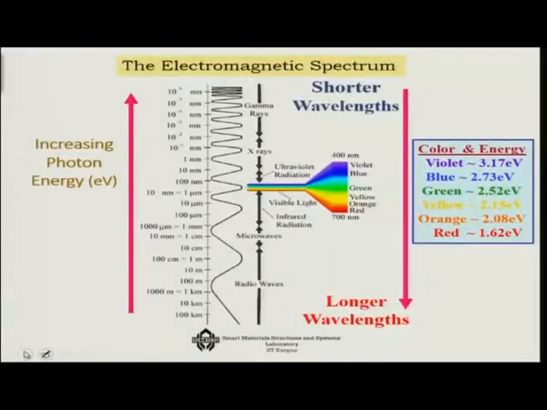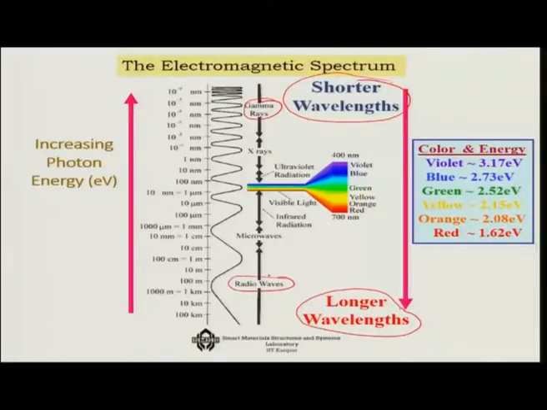Now the first important thing is that when we are talking about the optical property, we are talking about the electromagnetic spectrum. In that spectrum, we have shorter wavelengths at one extreme, like the gamma rays, and longer wavelengths at the other extreme, like the radio waves.